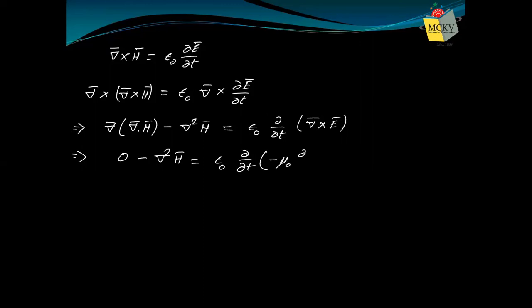Minus mu naught del H del T. So what we get: del 2H minus mu naught epsilon naught del 2H del T2 equals 0. So again, we have decoupled it. We have only an equation having magnetic field. There is no electric field, but it is a second order differential equation. Again, the price we have to give for decoupling electric and magnetic field.